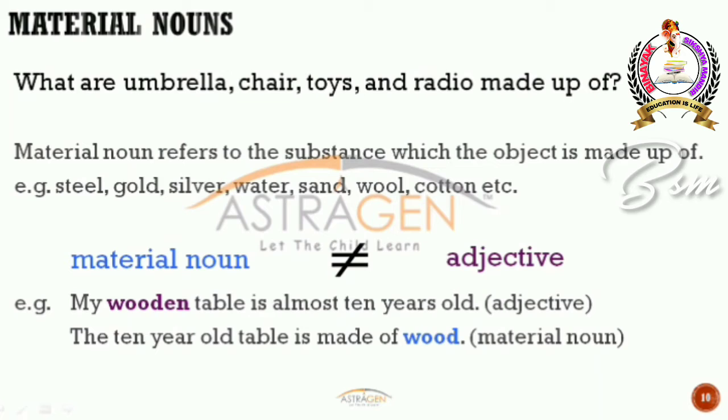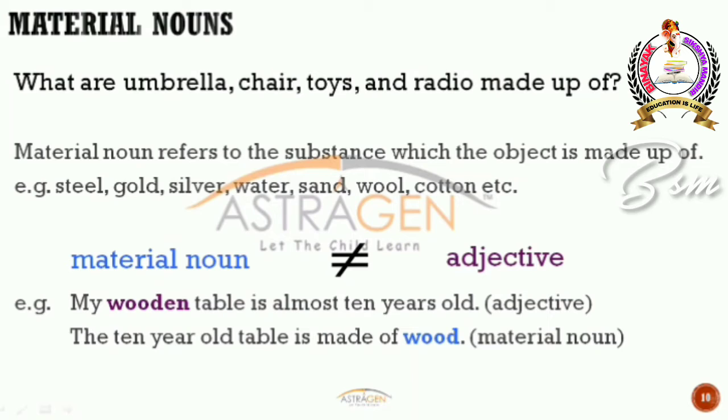So the raw materials or the substance which we use to make the objects or things is nothing but a material. So we have few more examples for material nouns like steel, gold, silver, water, sand, wool, cotton, and etc.